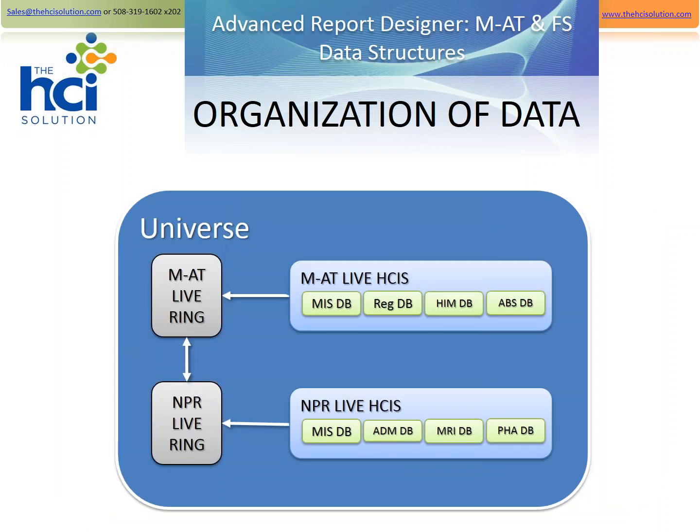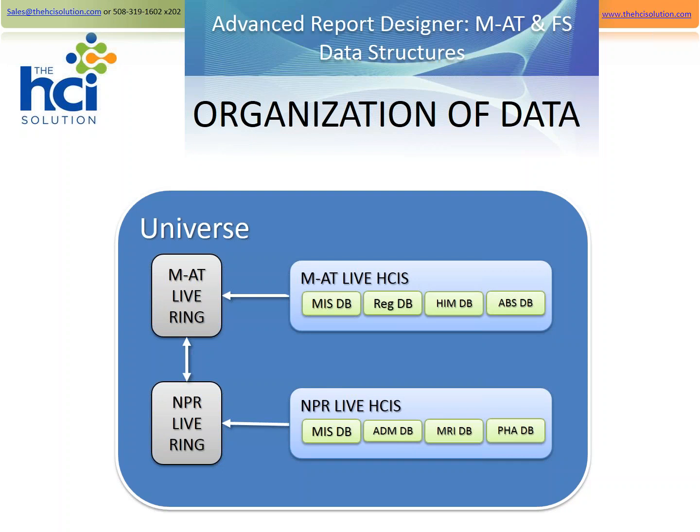This diagram shows that the MAT and client-server NPR systems are separate in Meditech 6.0 and 6.1 versions of the software. To the end user, they appear to be just one system.